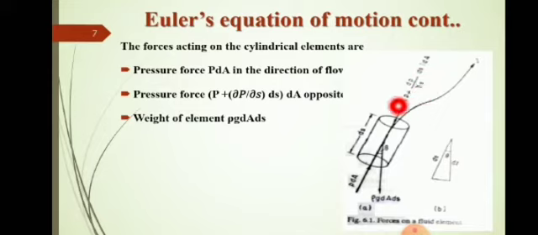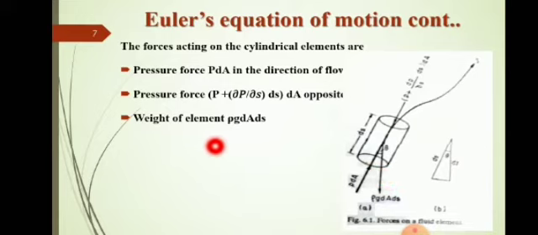So the total pressure force acting in this direction will be P plus ∂P by ∂S into ds, the total pressure, multiplied by dA, which gives the pressure force acting on this face of the fluid element. I hope that is clear. So we have considered the two pressure forces on the fluid element, the one acting on this face and the one acting on the other face.